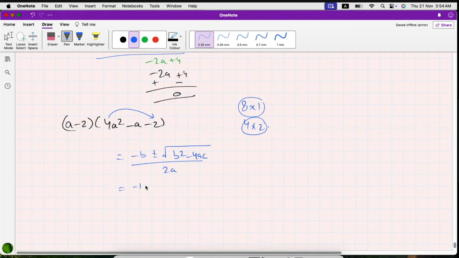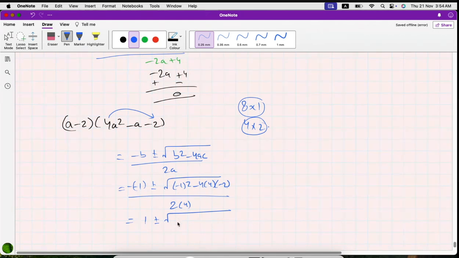That's minus minus 1 plus minus square root minus 1 square minus 4 into a is 4 and c is minus 2, over 2a. 1 plus minus square root, that's 4 into 4 into 2 is 32 and 1 is 33, over 8.